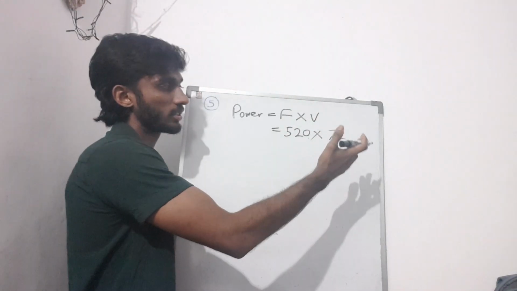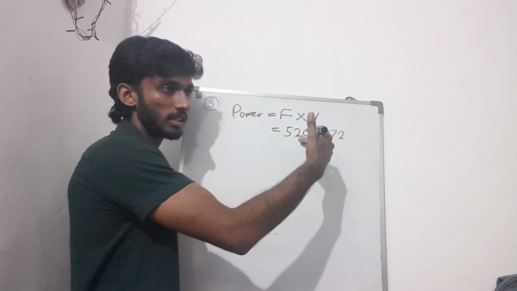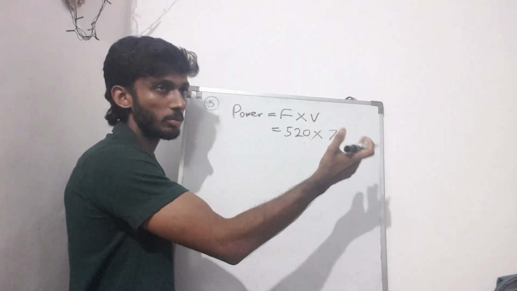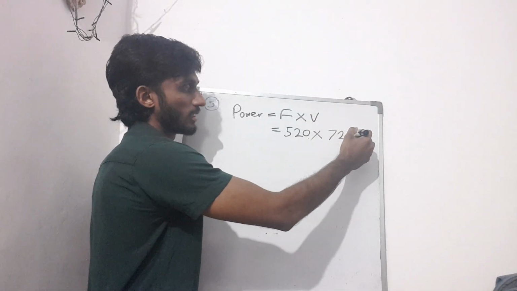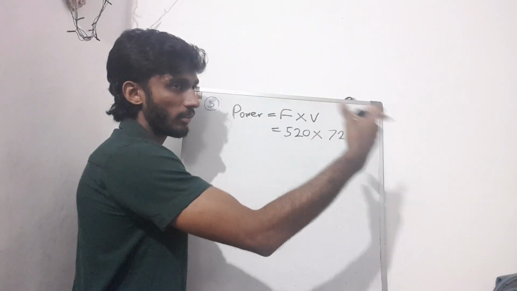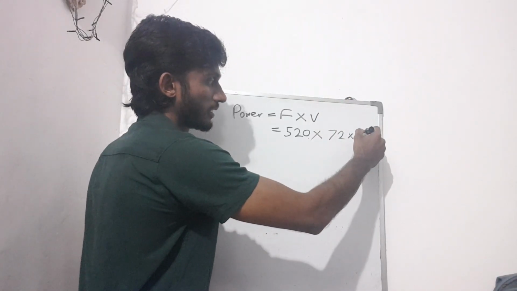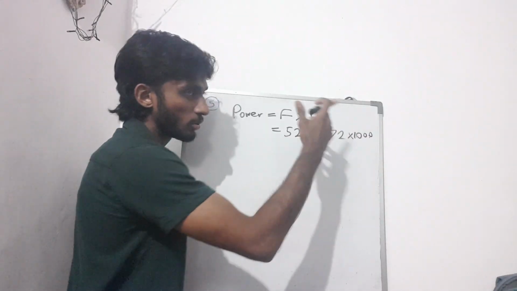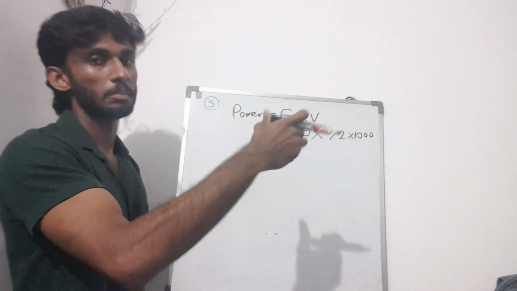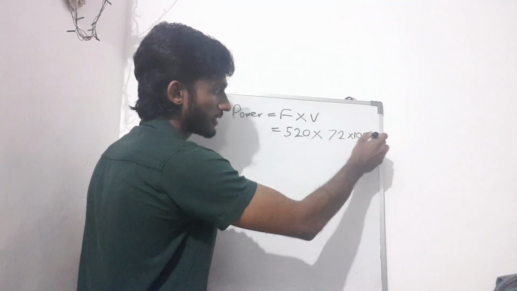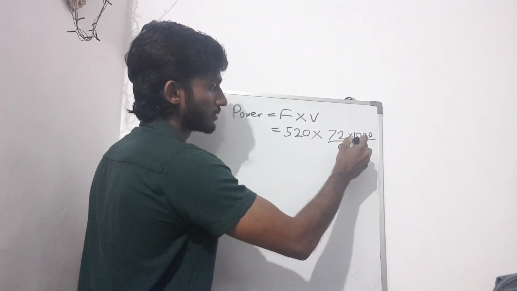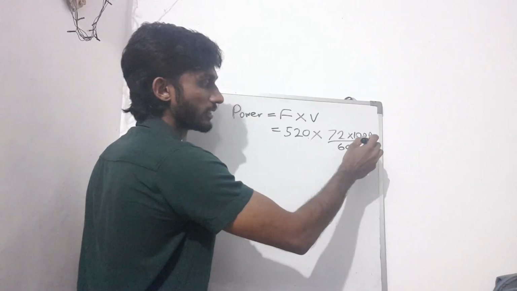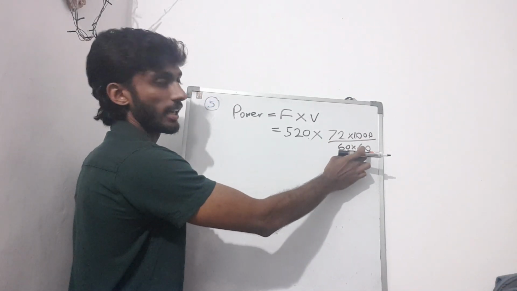Per hour, 72 kilometers. Then per hour, how many meters? 72,000 meters. Then per minute, per second, we should divide that by minutes and seconds.